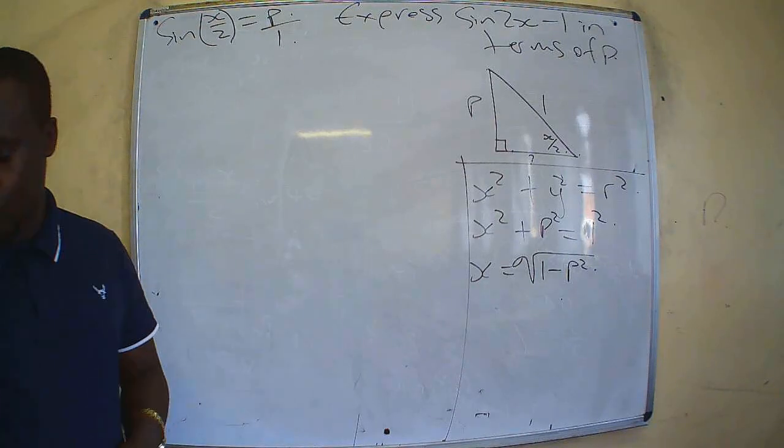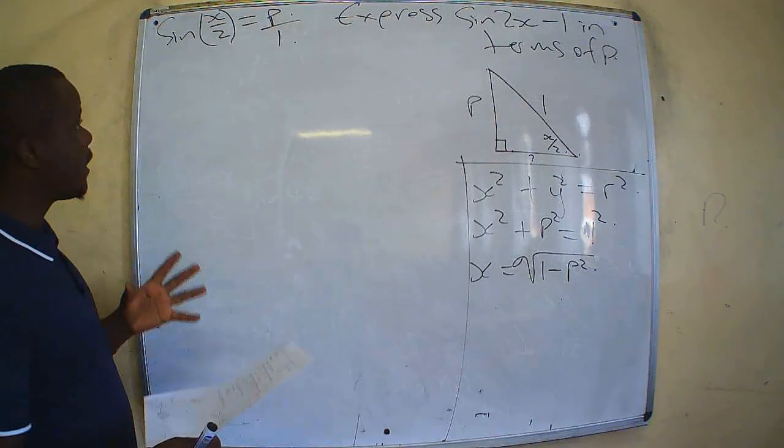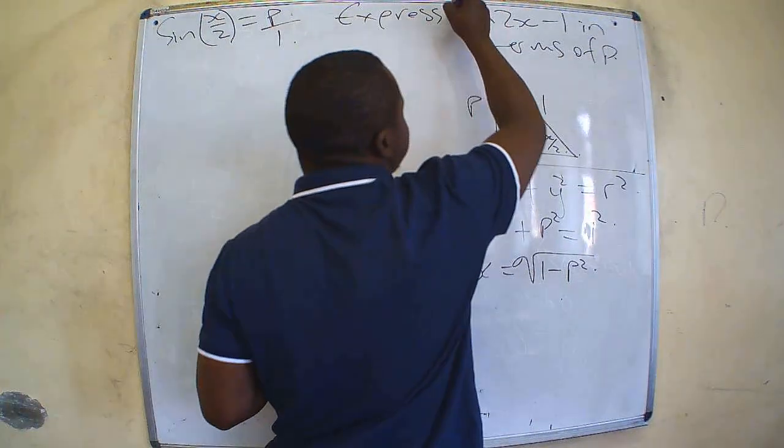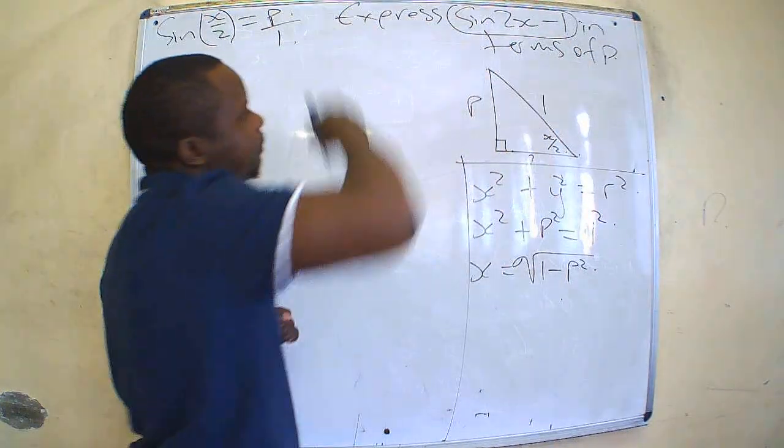The next step is to understand what we are expressing. We are expressing sine 2x minus 1.